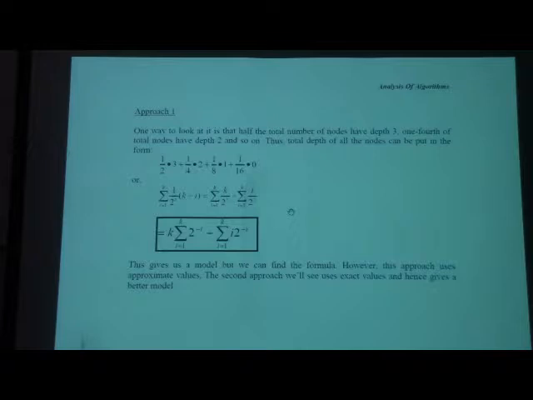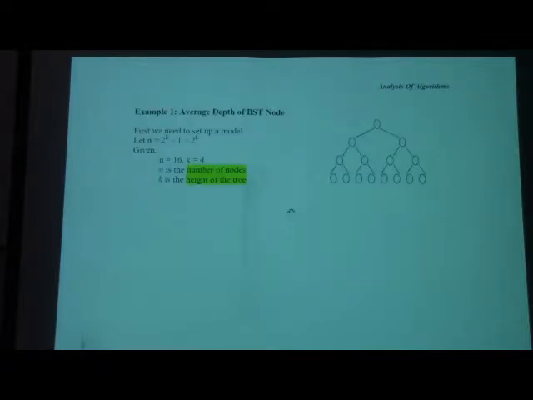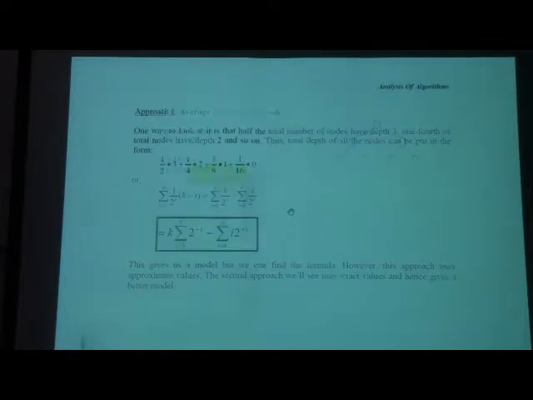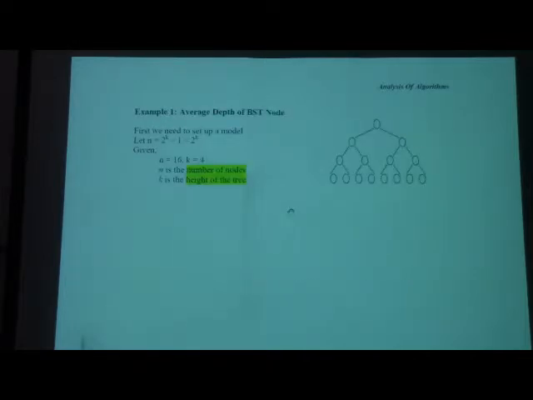Now if I ask you to do this, nobody is immediately going to say, okay, I know exactly what it is, I'll just set up a summation. What you want to do is always look at a small example and model it. For example, I have 1 node with a depth of 0, 2 nodes of a depth of 1, 4 nodes of a depth of 2, and 8 nodes of a depth of 3. The depth is 0, 1, 2, 3.